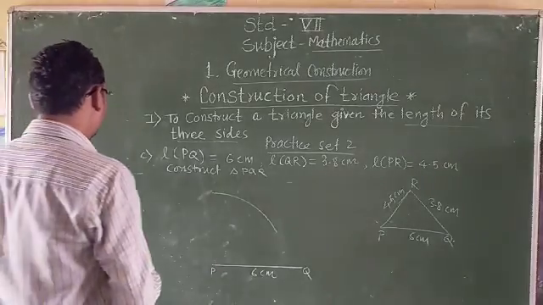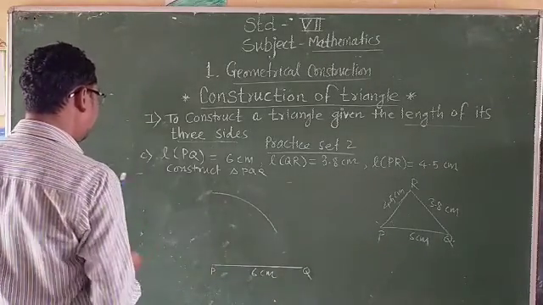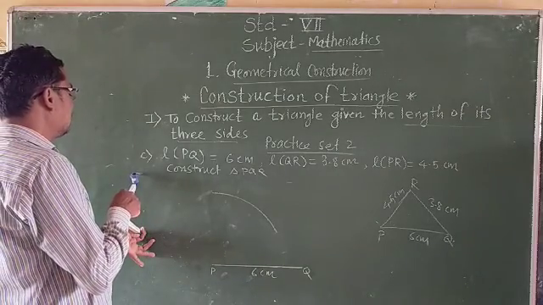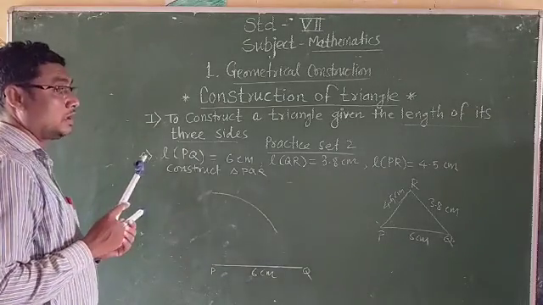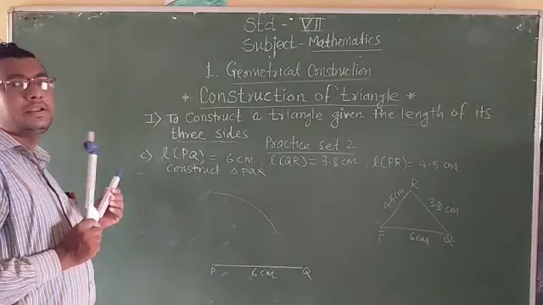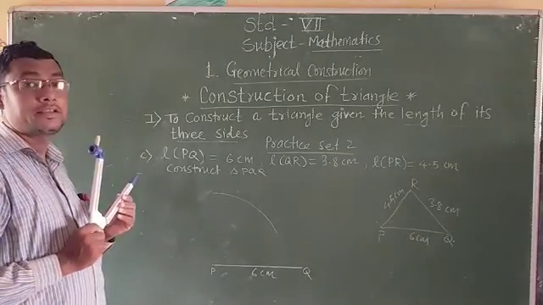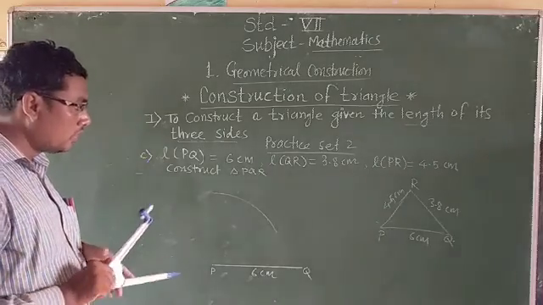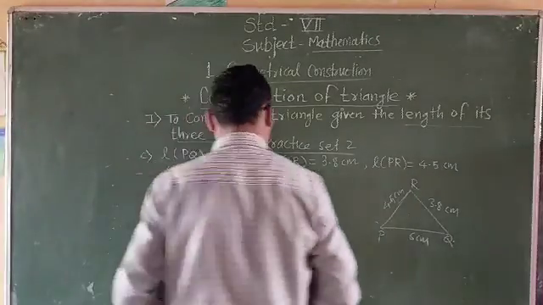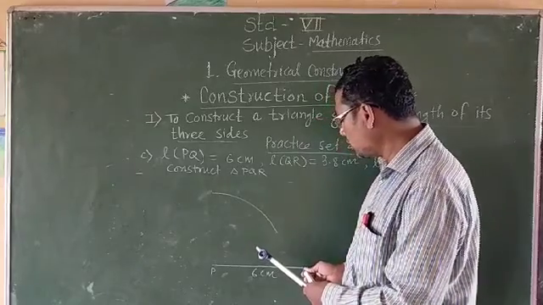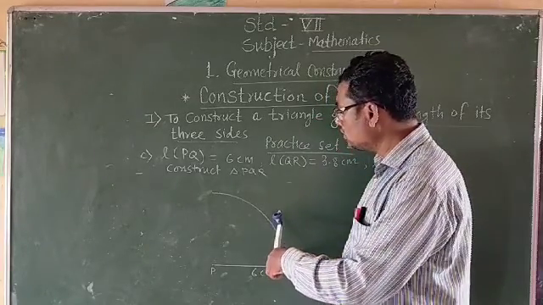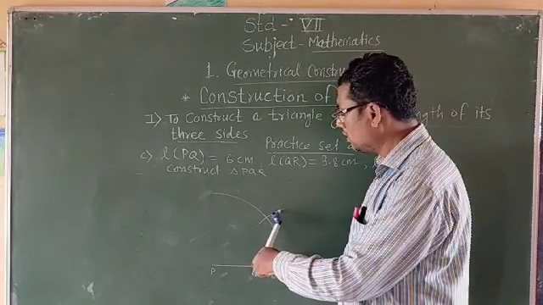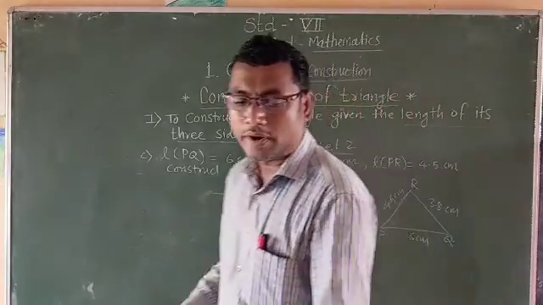Suppose this is 3.8, because I am not taking the exact measurement. We have to take the exact measurement. So from the point Q, put the pointer of the compass and mark the arc of 3.8.